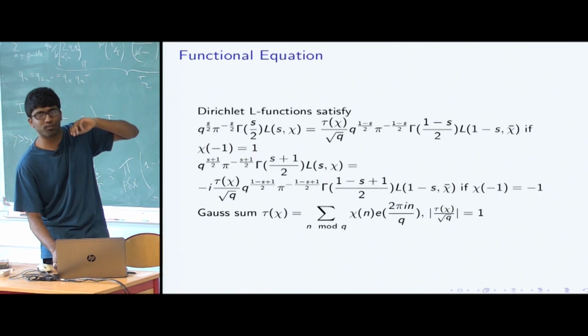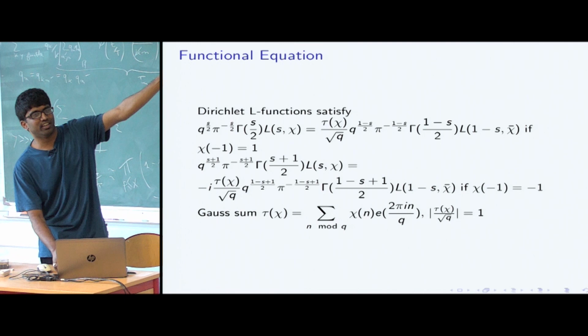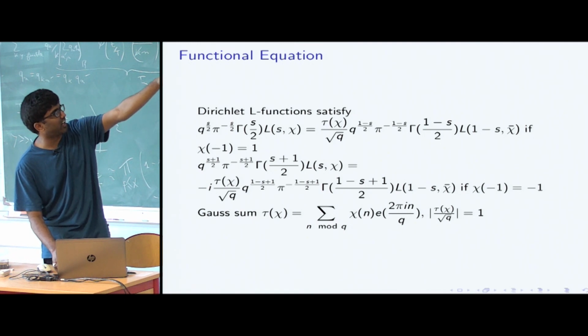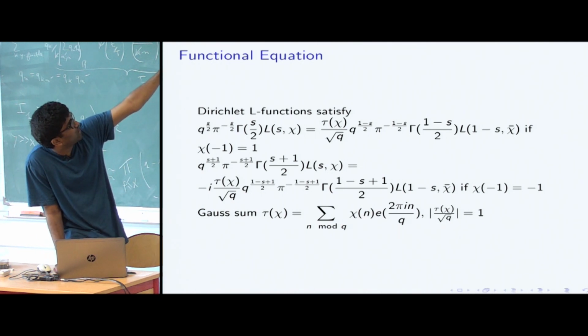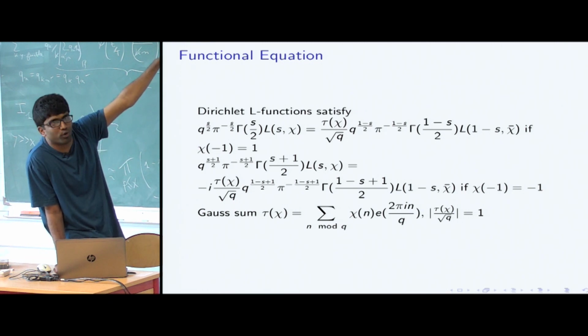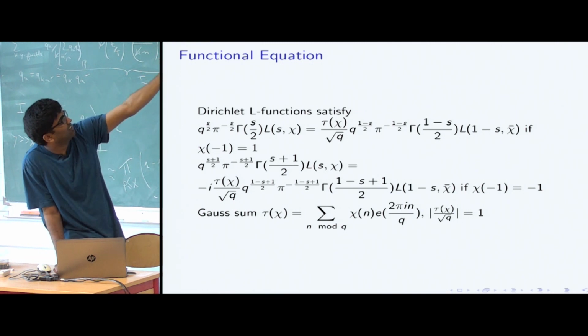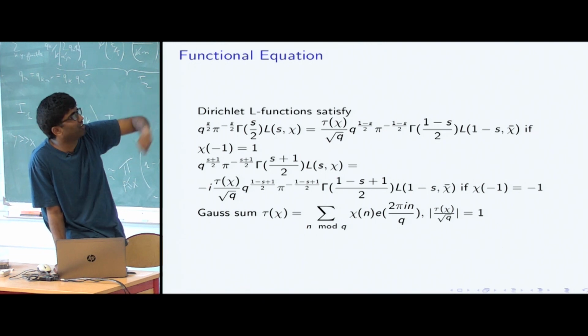Similarly, there are functional equations for Dirichlet characters, relating the L-function L(s, chi) to L(1 minus s, chi bar) with some extra gamma factors, and you also have these arithmetic factors: q to the s over 2, and tau(chi) over square root of q, which is also an arithmetic factor.